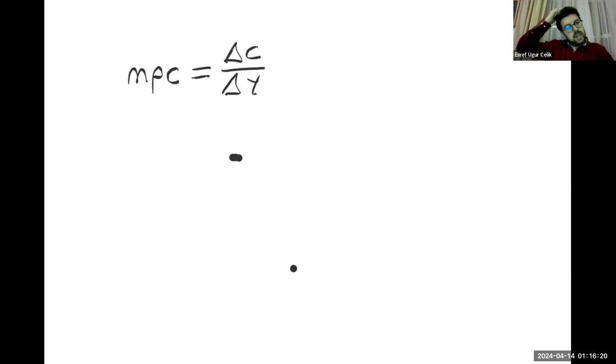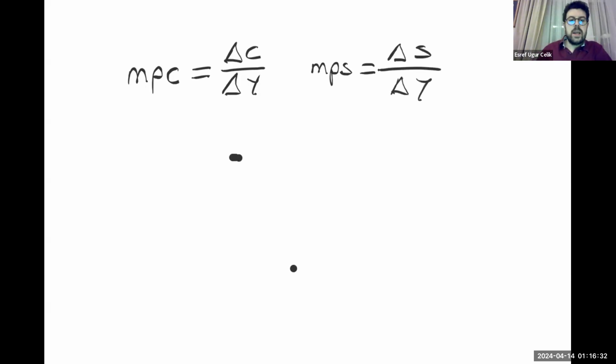I said two things over there. Marginal propensity to consume. Let's look at the formula. This is delta consumption divided delta Y. And I'm not putting some things over there, but you should know previous slides. Marginal propensity to saving, delta S divided delta Y. And I told something in the lecture.